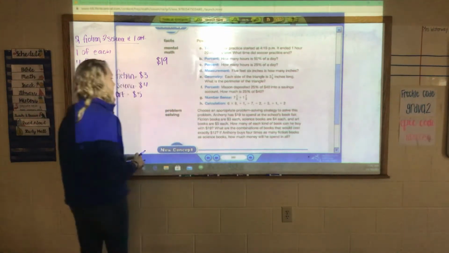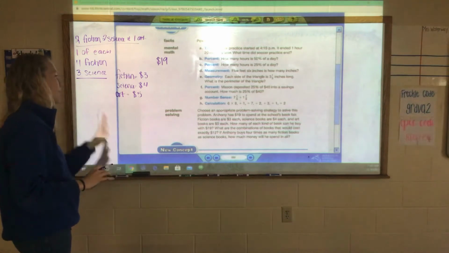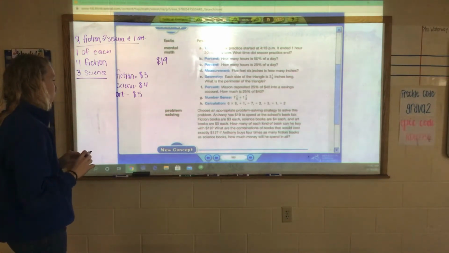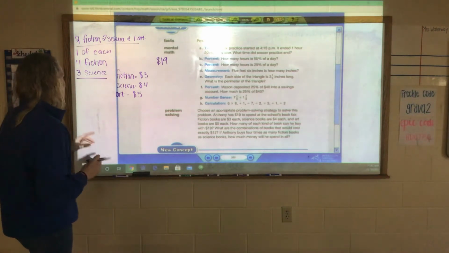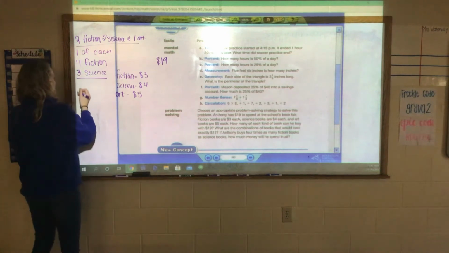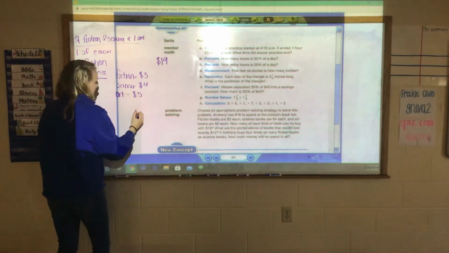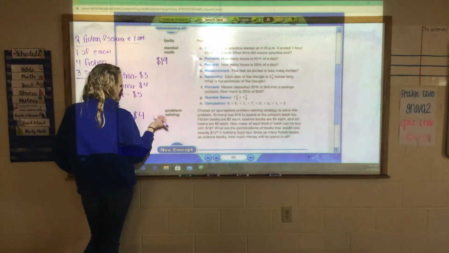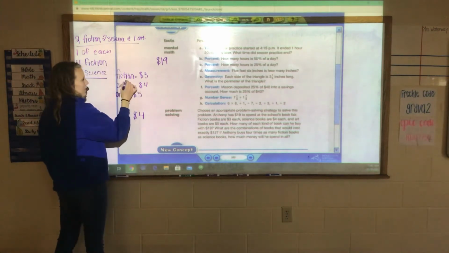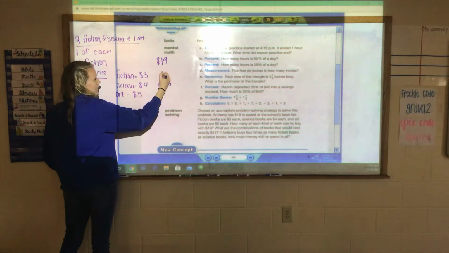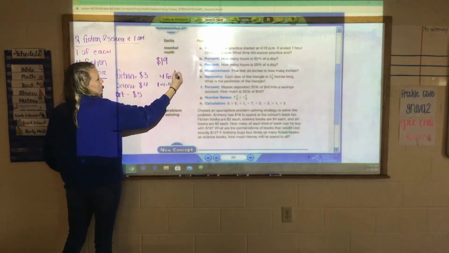Okay, and then it says, if Anthony buys 4 times as many fiction books as science books, how much money will he spend in all? So 4 times as many fiction books as science books. So if he buys 1 science book for $4, hold on, let me do it right here. For $4, okay, and then 4 times that amount, so he needs to buy 4 fiction.